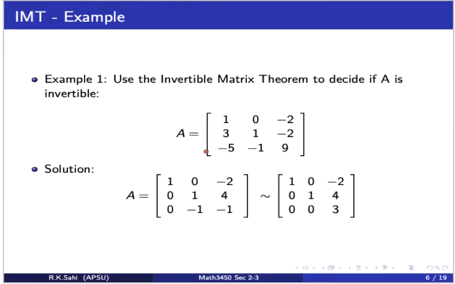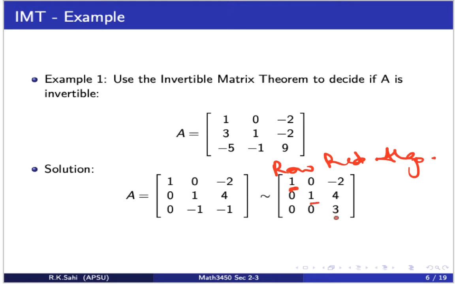We have a 3 by 3 matrix over here, and we would like to know whether A is invertible. So we go back to section 1-2 of Lay's book, and we look at the matrix A. Remember the row reduction algorithm? We apply the row reduction algorithm, and we get 3 pivot positions.